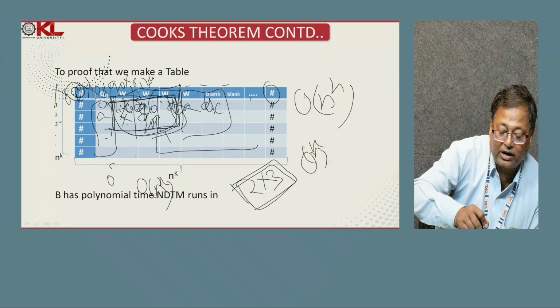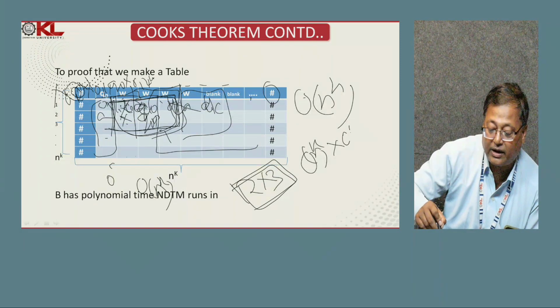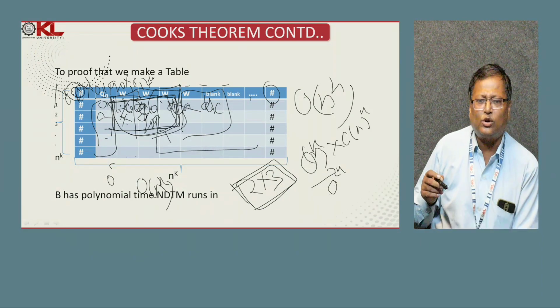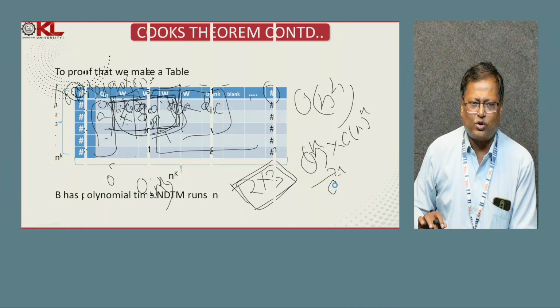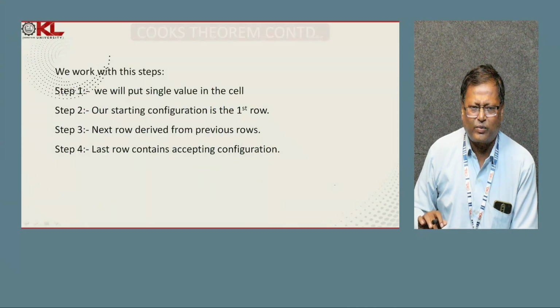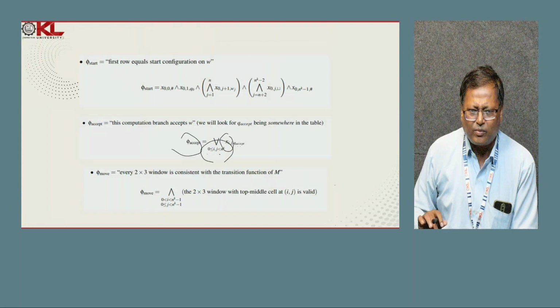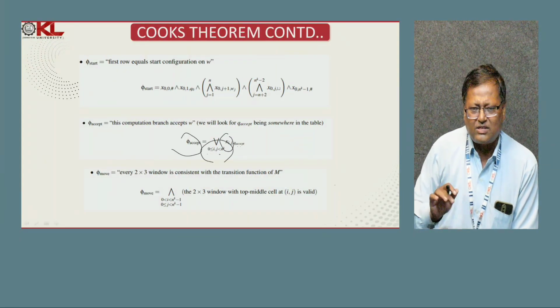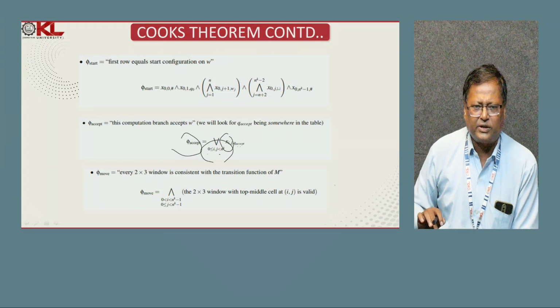So this is n to the k, and this is order of n to the power 2k, which is also polynomial time. So we can reduce that problem in polynomial time to the SAT problem. So for that, SAT is NP complete. Thank you.